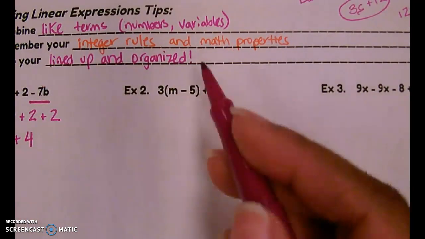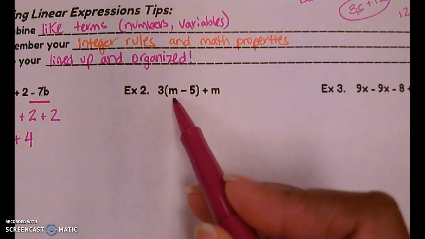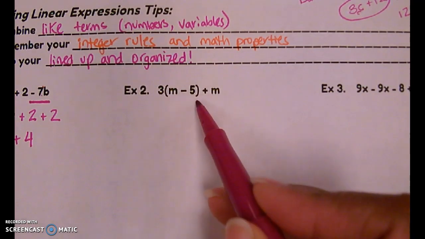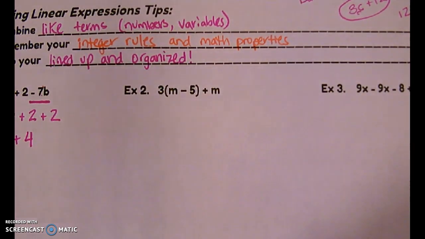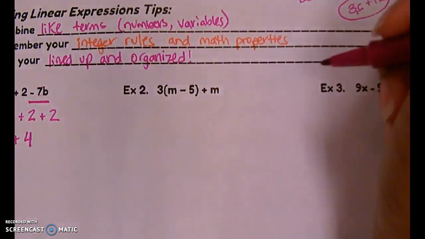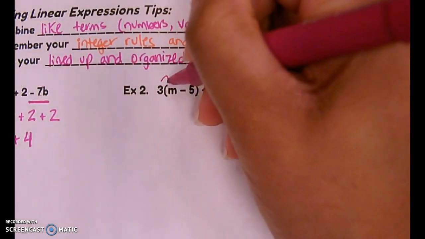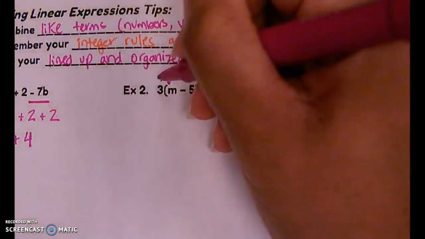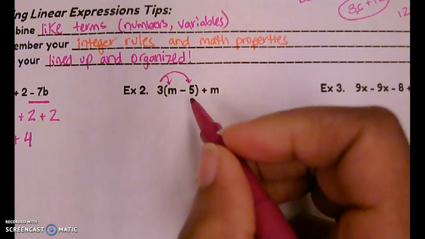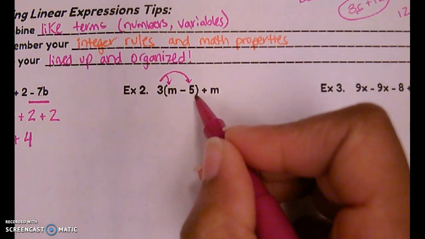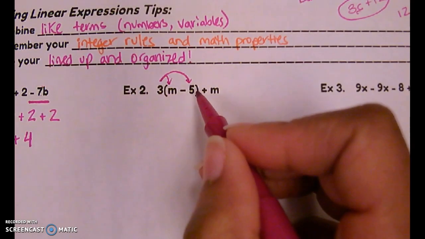With this problem, I can see that I have 3 in parentheses m minus 5, close parentheses, plus m. This is a situation where I'm going to have to use my distributive property and distribute this 3 by multiplying 3 times m and 3 times, you guessed it, negative 5, because this is m minus 5.